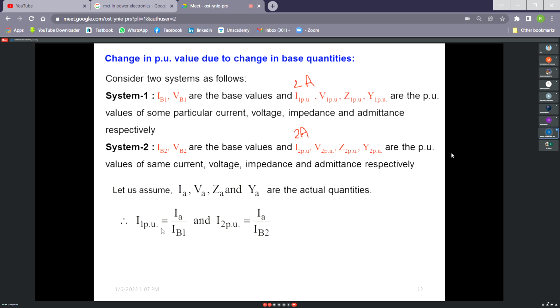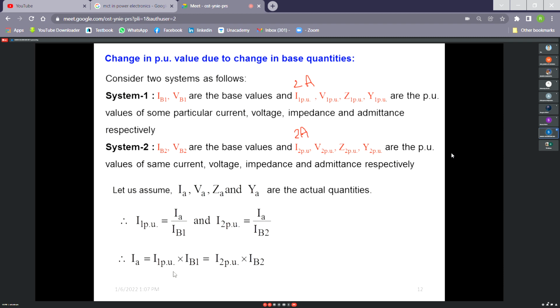Then obviously for the first per unit system, I1 per unit is IA by IB1. Similarly, I2 per unit is IA by IB2. But this IA is unique. We are converting the same quantity in terms of two types of bases. So IA will be the same.